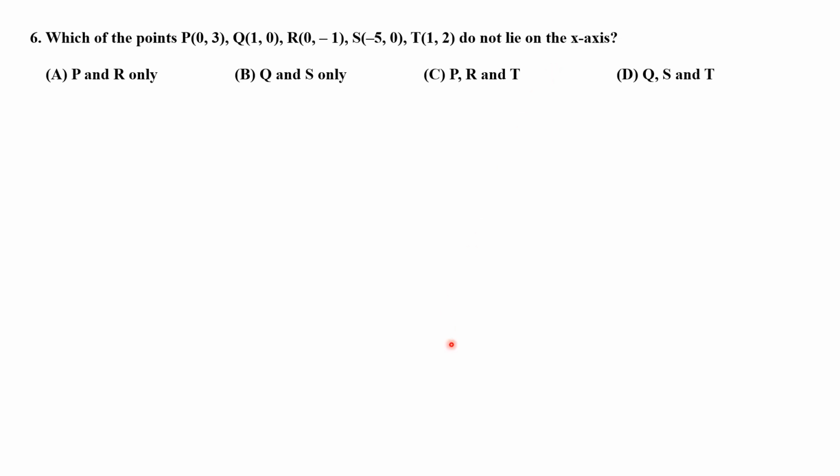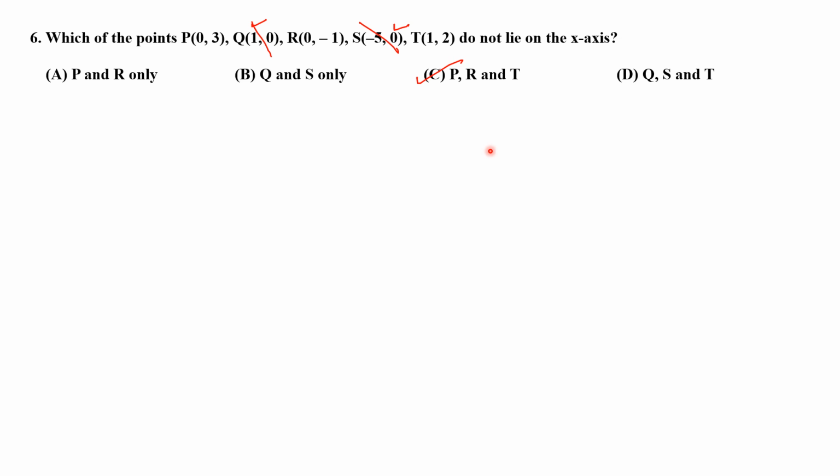So you can see where the y-coordinate is 0: here and here, isn't it? It means these 2 points will lie on the x-axis. Now the remaining ones left out are the points which do not lie on the x-axis. So you just strike these through and you will be left with P, R and T. So the option is option C. Now these are the easy ways to find out the correct option.